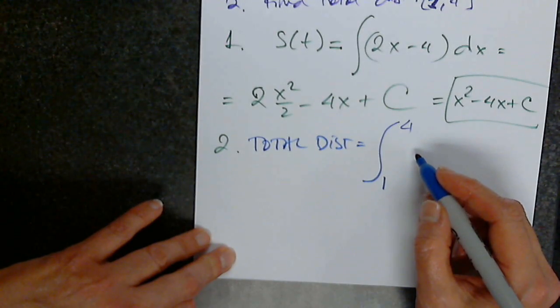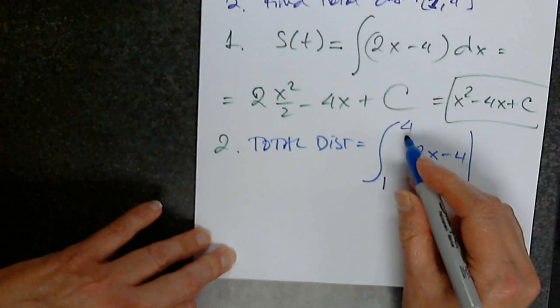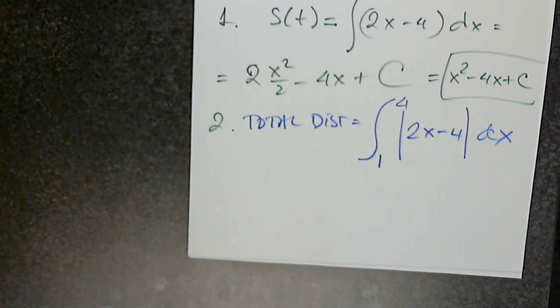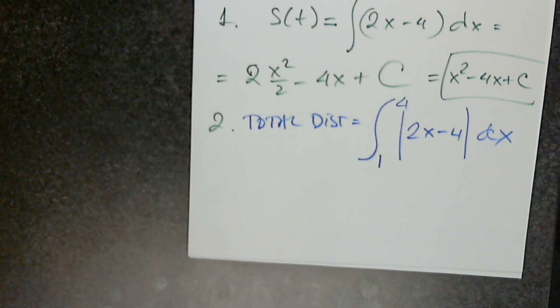No. It's 2x minus 4, but thank you very much. Because remember, the particle can do this, so I have to add all those distances. Good. So please determine the absolute value of 2x minus 4. Get the function going. And then you will have a sum of 2 what? 2 definite integrals. Excellent.